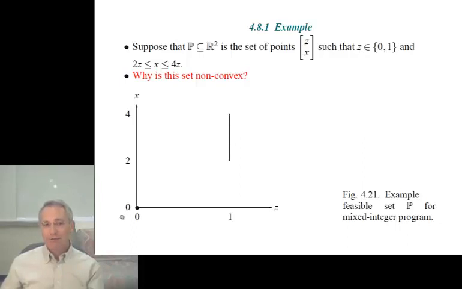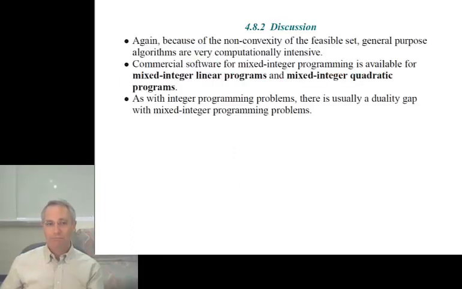Notice that my feasible set is the union of one point and a line interval, and that makes the set non-convex. This would be a typical example of a feasible set for a generator. If it's off, it's generating nothing. If it's on, it can generate between its minimum and maximum production level.